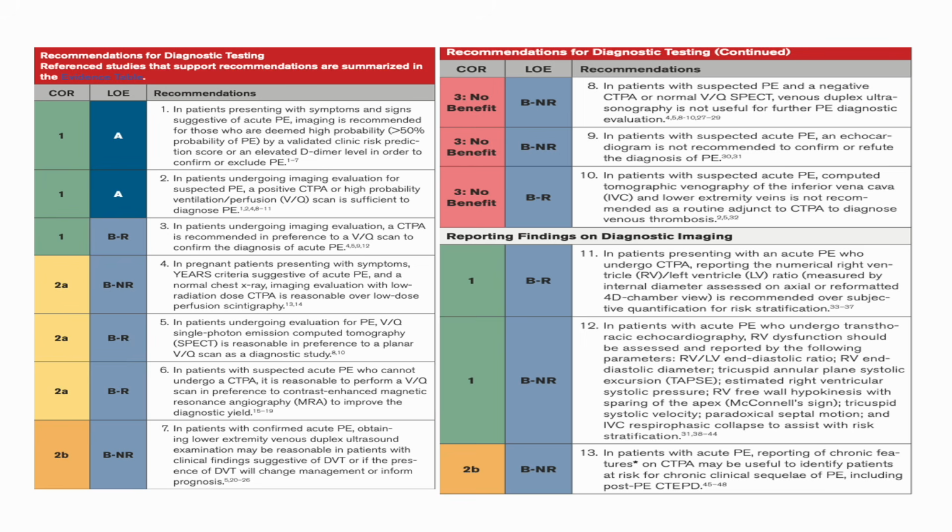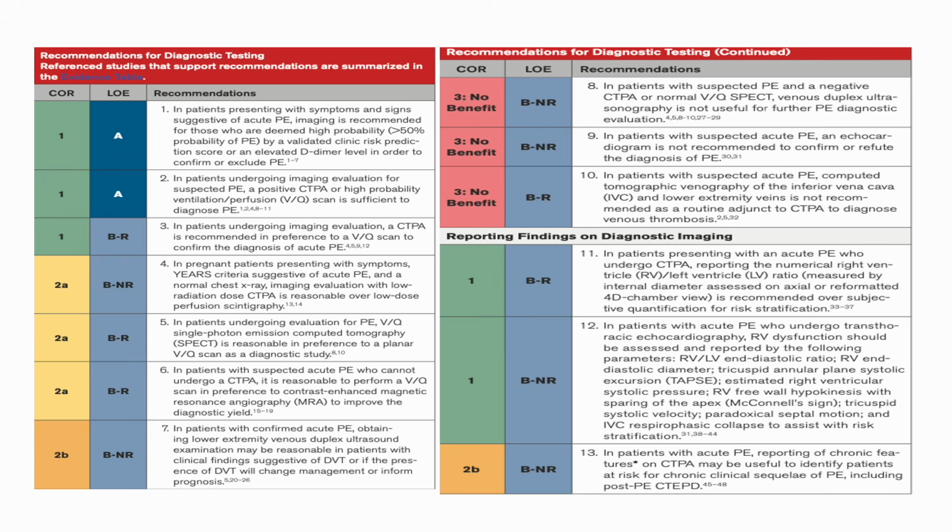They've also said that when you are using echo, the parameters of right ventricular structure and function have to be assessed and reported properly. And there is a set of measures that must be done and will be discussed.